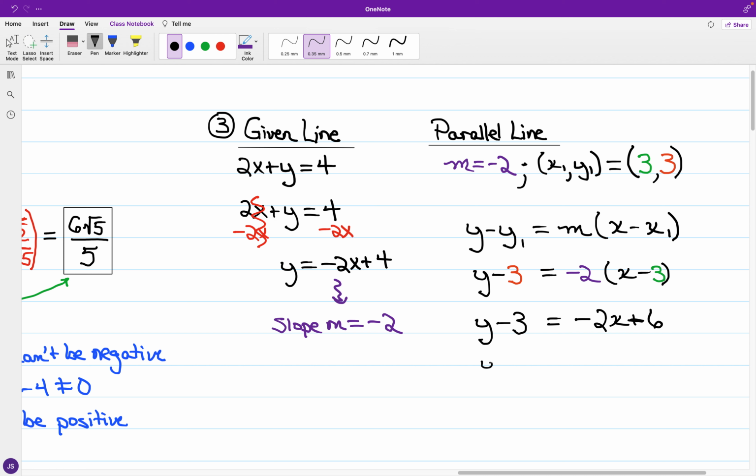And getting the y term by itself, upon adding 3, let's see, it should be negative 2x plus 6.